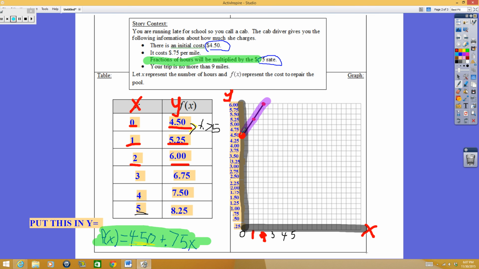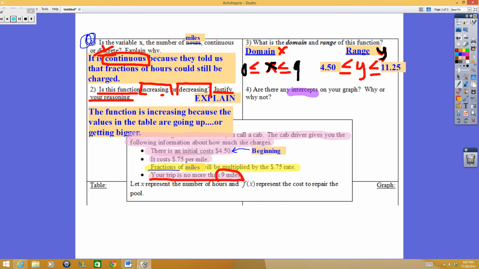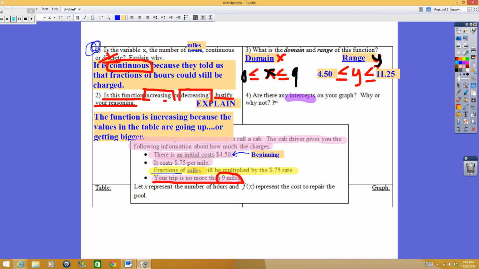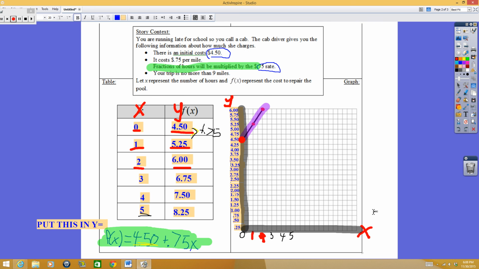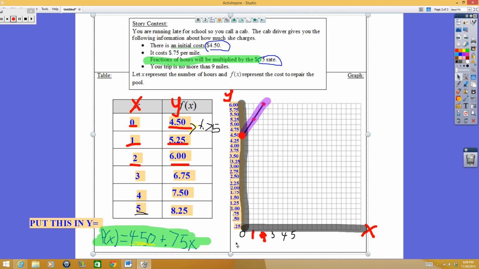So, you would say, yes, there is a y-intercept, because it's on the y-axis, right? At, let me get this, 0. The x value is 0, and the y value is 450. Oh, it's right here. Look at that.